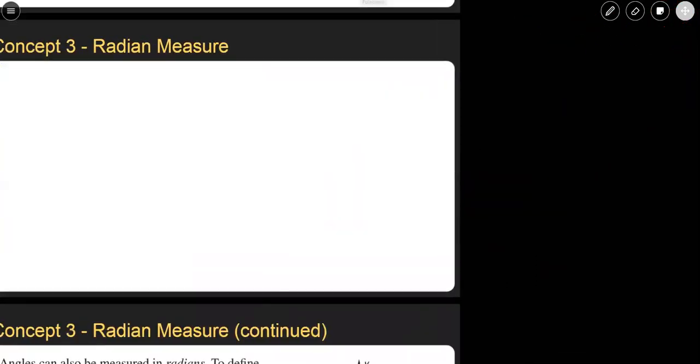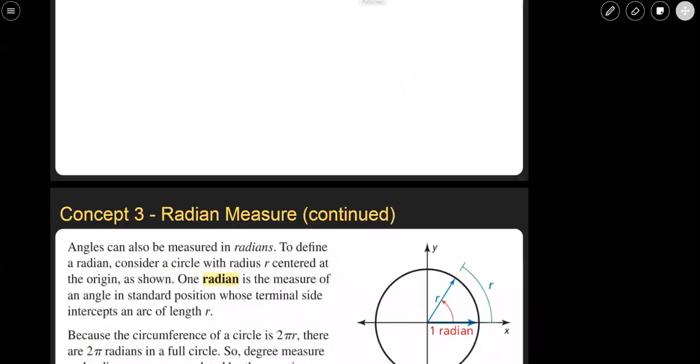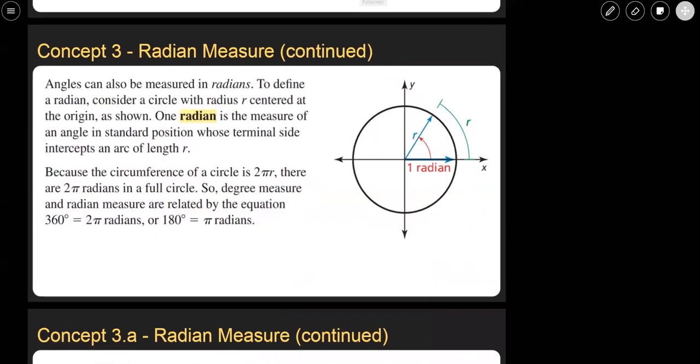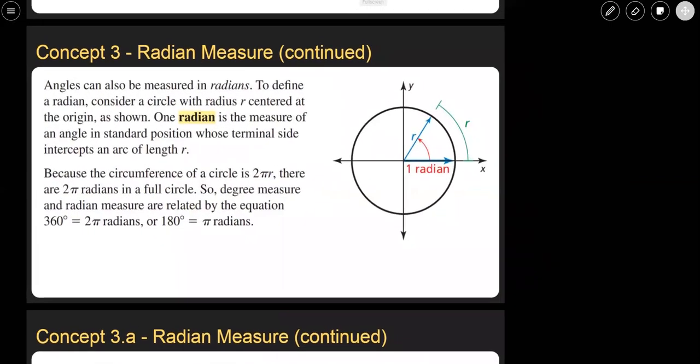All right. The next concept was radian measure. We did some drawings on this. It's kind of an odd concept, but just like on a ruler where you can measure something in inches or centimeters or millimeters or meters, you can also measure angles in a different type of measurement from degrees. And we call that measurement radian measure.